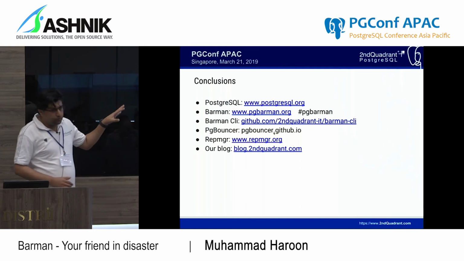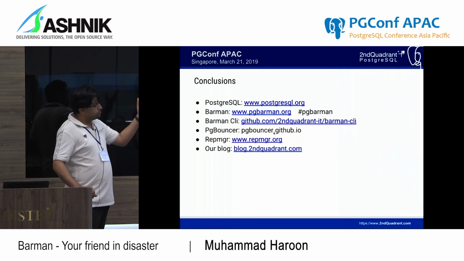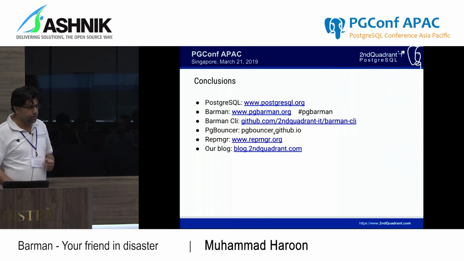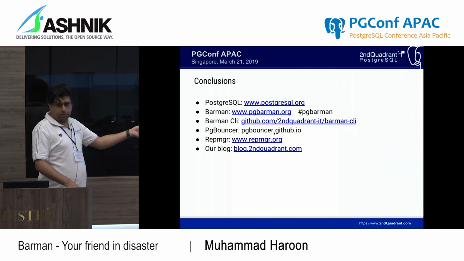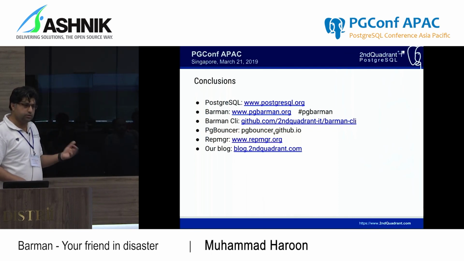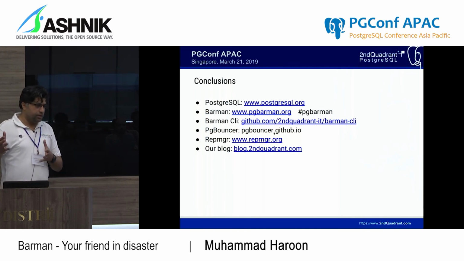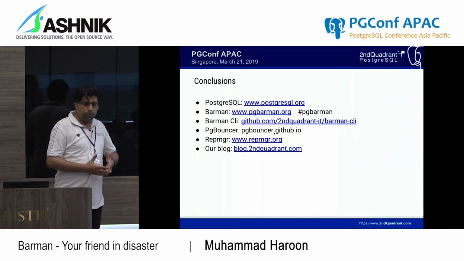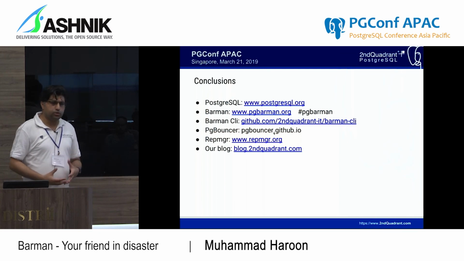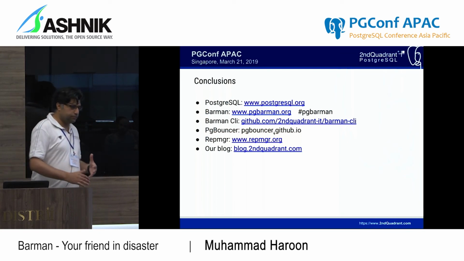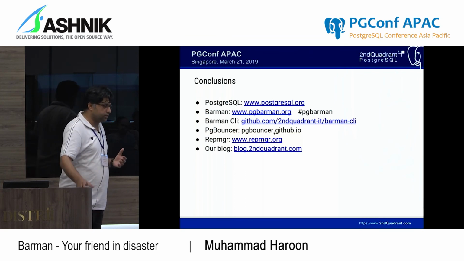Here are some links where you can get additional information. Barman, of course, has its own site. You can check out one of the features that came in the most recent release, Geo Redundancy, which means you can have an active Barman and a passive Barman, where one of your Barman servers can take its backups and archives from another Barman server instead of getting them from the PostgreSQL server.